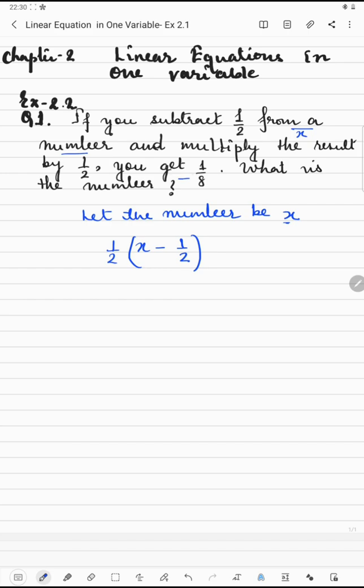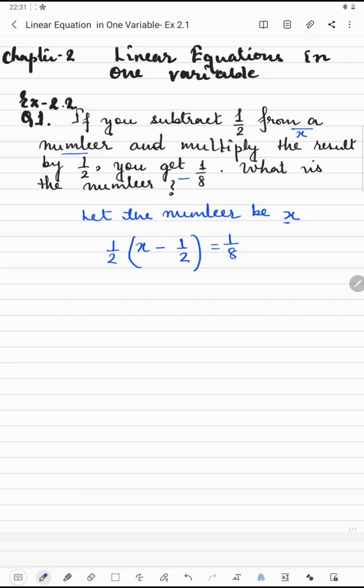So it will be equal to 1 by 8. That's why I have written half is multiplied by the whole thing, equals 1 by 8.